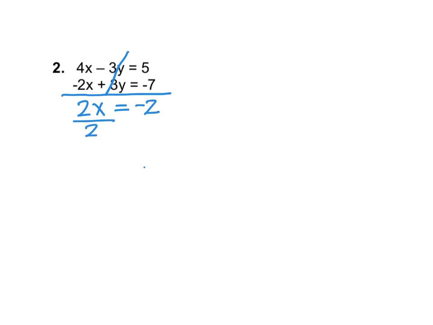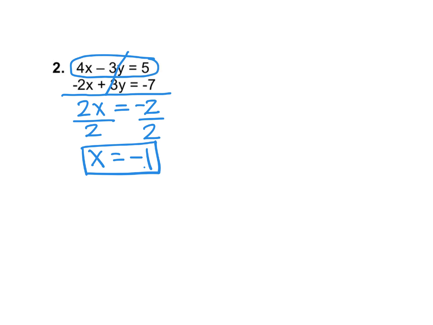So I'm going to continue by dividing by 2, and x is going to be equal to negative 1. So now that I have x is equal to negative 1, I'm going to go back up and take either one of the equations. It doesn't matter which one I take. I'm going to use this one right here and plug the negative 1 in for my x.